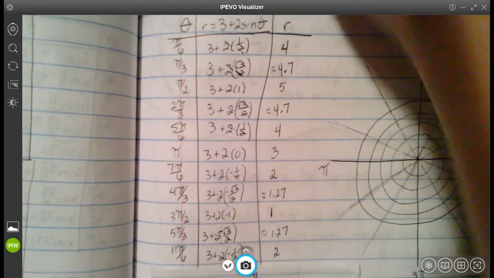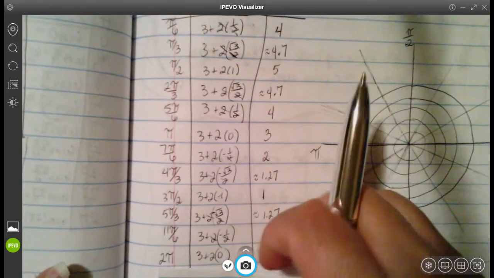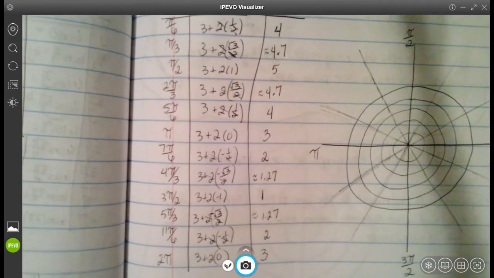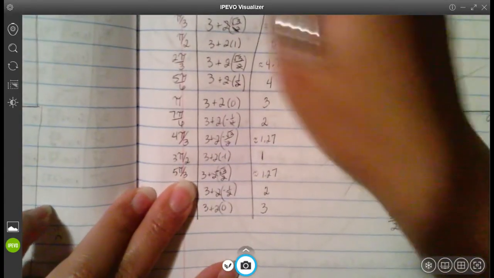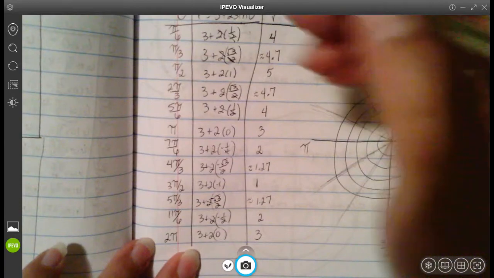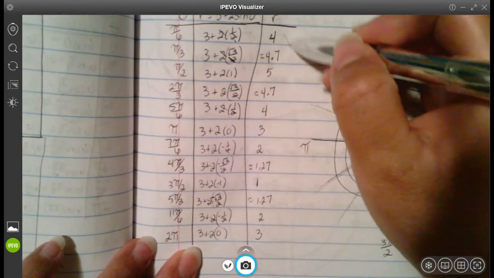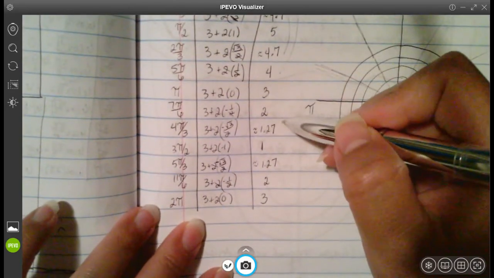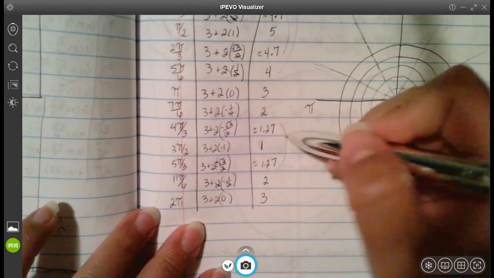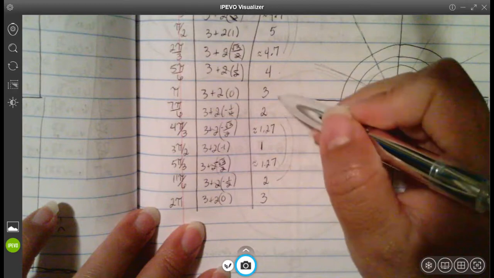And before I even go to the graph, you will notice that there is, in fact, some kind of symmetry going on here. You have the same values for a few of them. You have the same values for these two, for these two, and you jump down this way, and you have the same values here, here, and here.